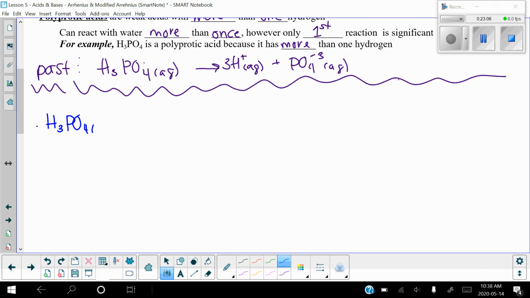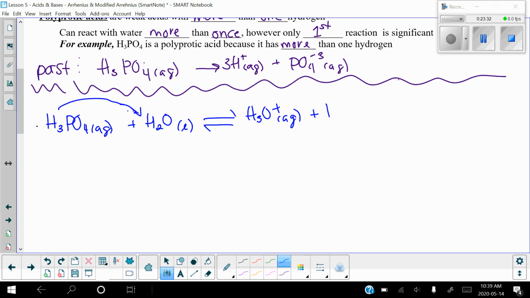H3PO4, phosphoric acid, reacts with water, with equilibrium arrows. And our hydrogen is donated to produce H3O plus aqueous, and then we lost one of our hydrogens, so it becomes H2PO4 minus.